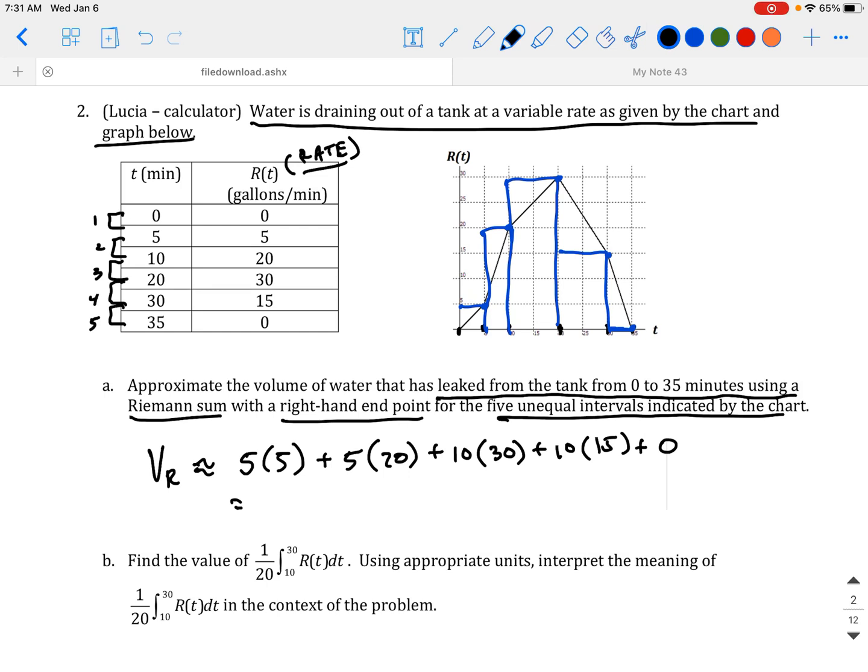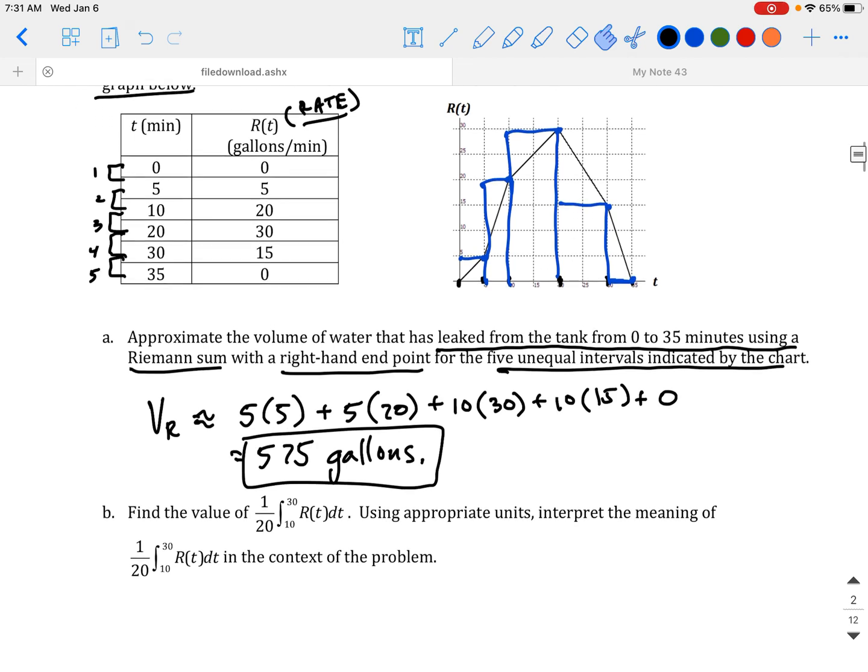So let's go ahead and calculate. So that's going to be 25 plus 100 plus 300 plus 150. So we'll get 575 gallons. So approximately 575 gallons have leaked out of the tank. Okay, so that's pretty simple.